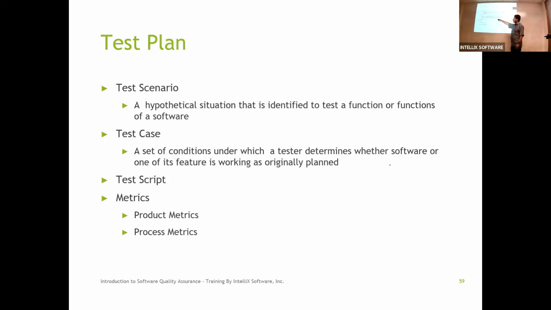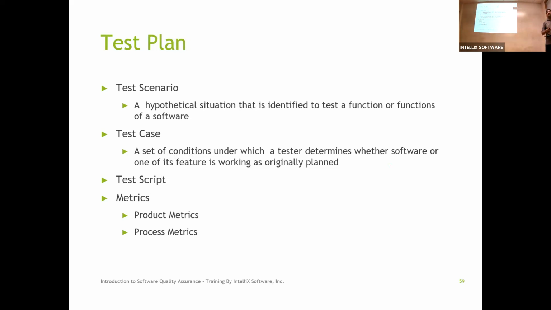Then the test plan also talks about the test scripts and then metrics. There are two different types of metrics. One is product metrics and the other is process metrics. Product metrics typically talk about the behavior and capabilities of the software. How many functions of the software are working? How many functions have I tested?